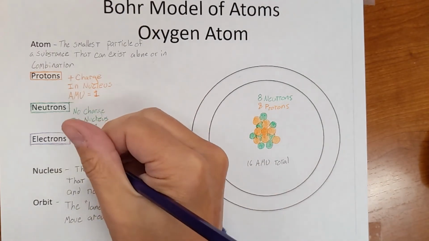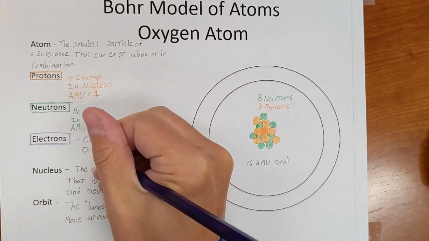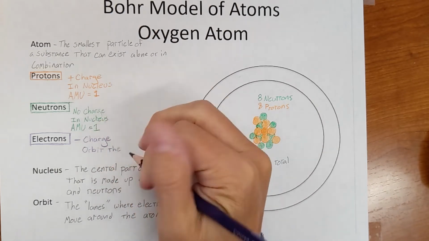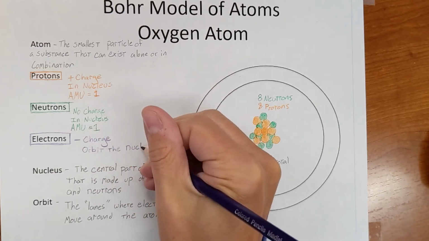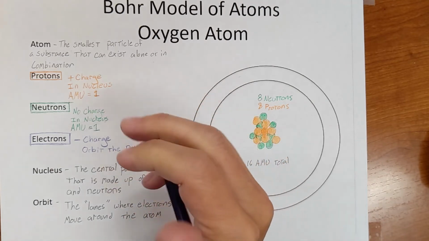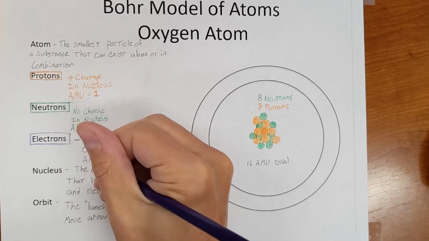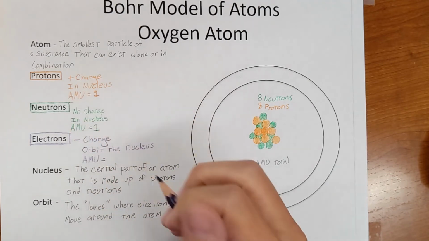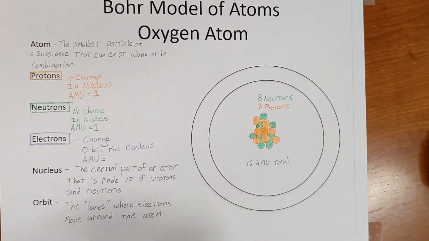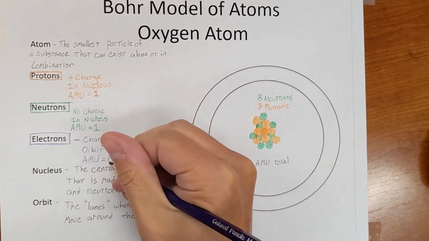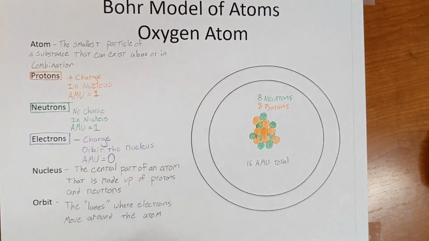They are orbiting the nucleus, and their AMU, I know a lot of you are probably thinking is 1. Actually, we count them as 0. In reality, they do have mass, but their mass is so small that when we're making these general calculations, we actually count it as 0.